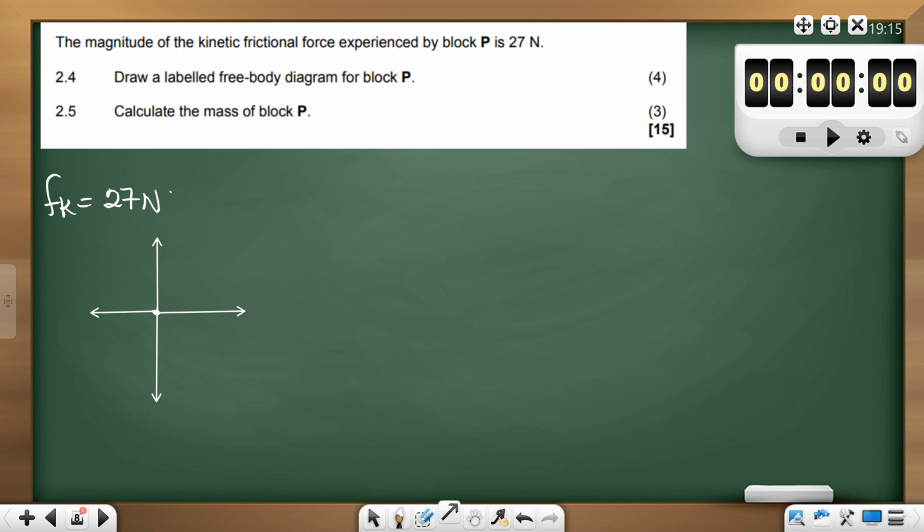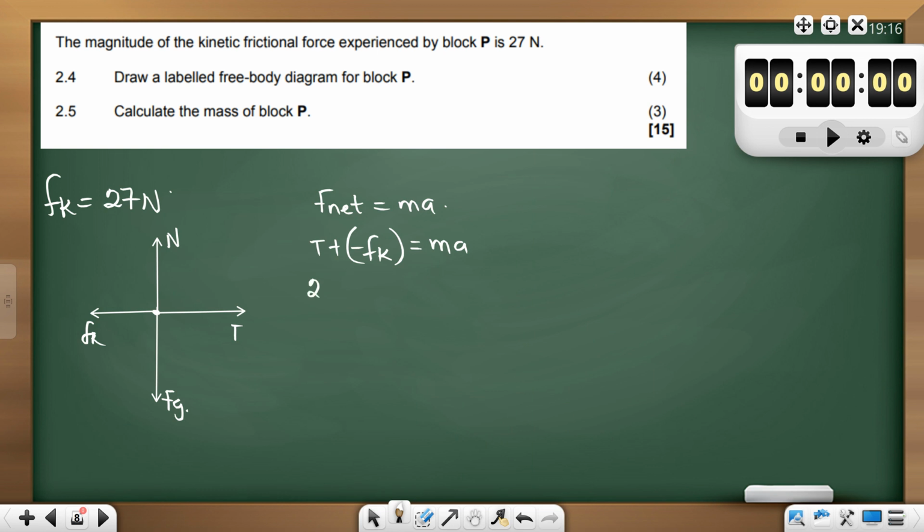Have that as our free body. But we know that F net is equal to ma. Can we use that? Because we know the friction is 27. So can we say T plus negative friction? Do we know the tension? What is the tension?